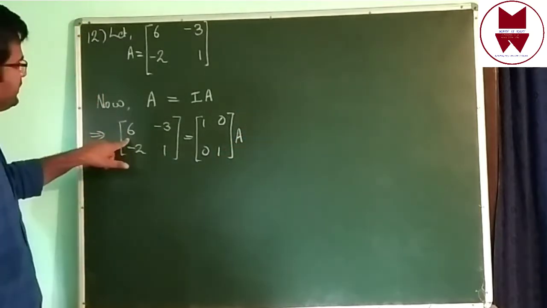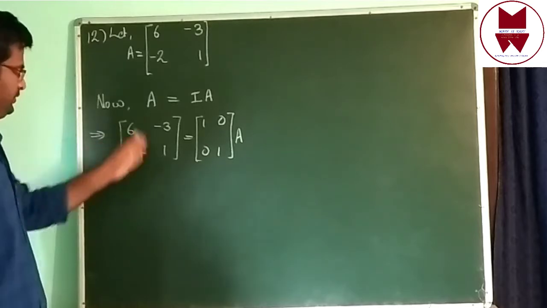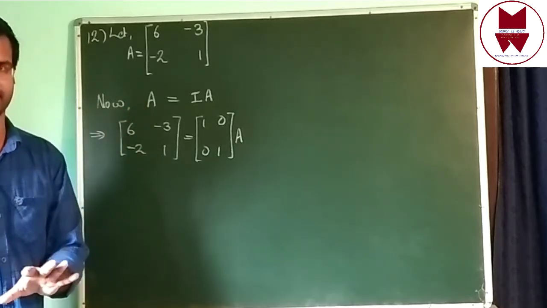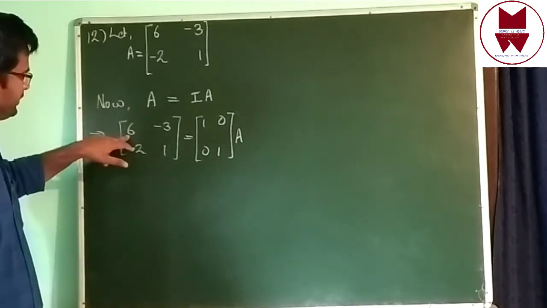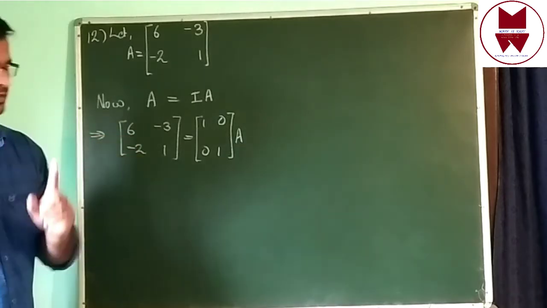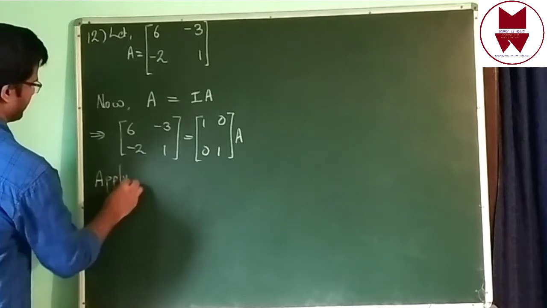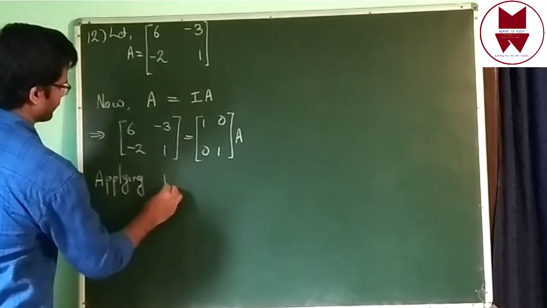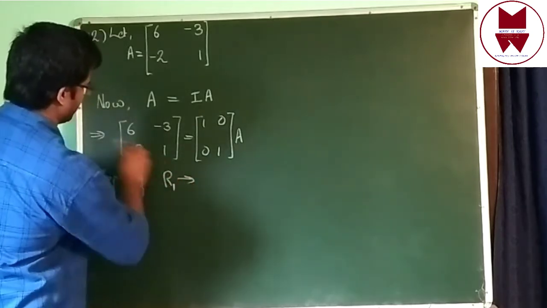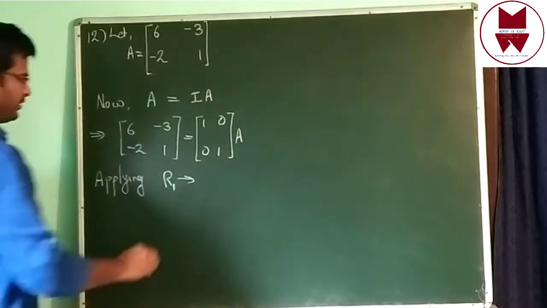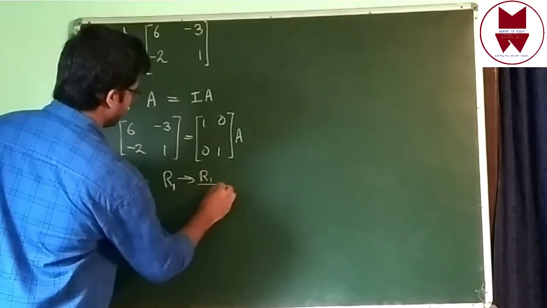In the place of 6 we have to make 1. In left side first we have to make identity matrix. For that in here in the place of 6 first we need 1. For that applying R1, first row we are going to change. R1 we can write R1 divided by 6.